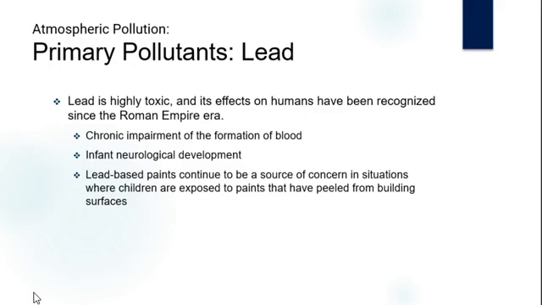Concentrations of lead in the environment in the United States are no longer as high as they were prior to the introduction of non-leaded gasoline in the 1970s, but it is still a concern in many localities. Lead-based paints continue to be a source of concern in situations where children are exposed to paints that have peeled off from building surfaces.